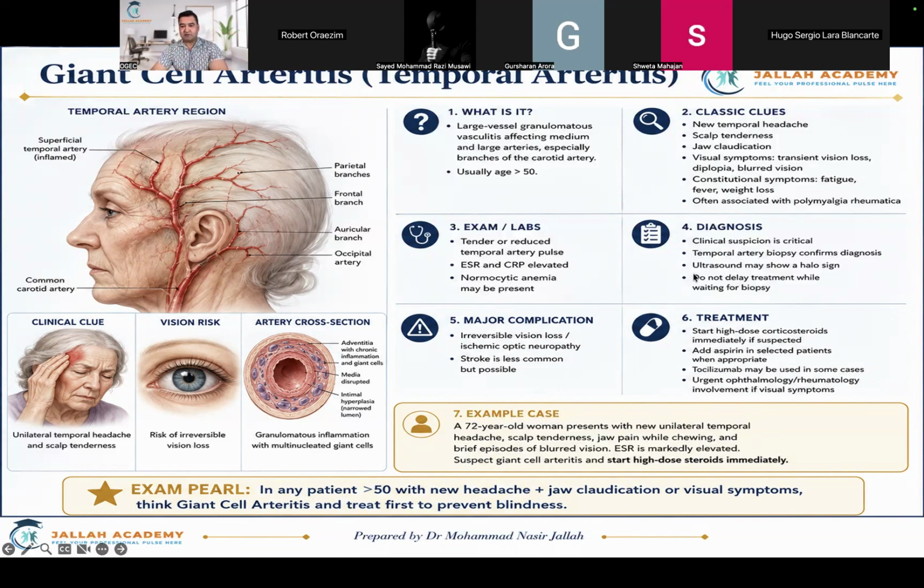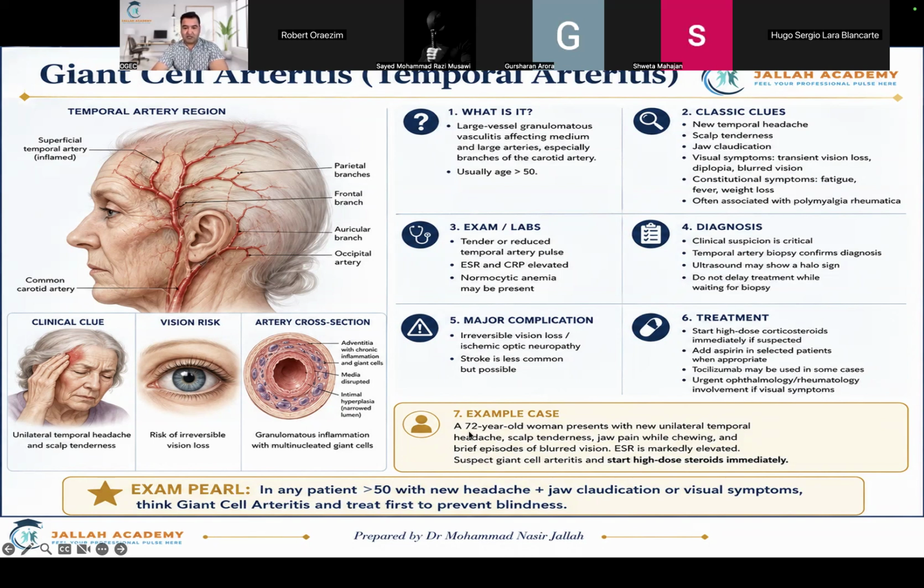Diagnosis: clinical suspicion is critical. Temporal artery biopsy confirms the diagnosis. Do not delay the treatment while waiting for the biopsy. Treatment: high dose steroid immediately if suspected. Add aspirin in selected patients when appropriate. Tocilizumab may be used in some cases. Urgent ophthalmology and rheumatology involvement for visual symptoms.